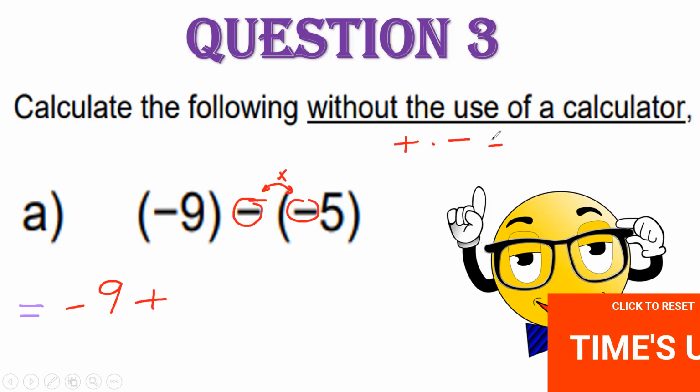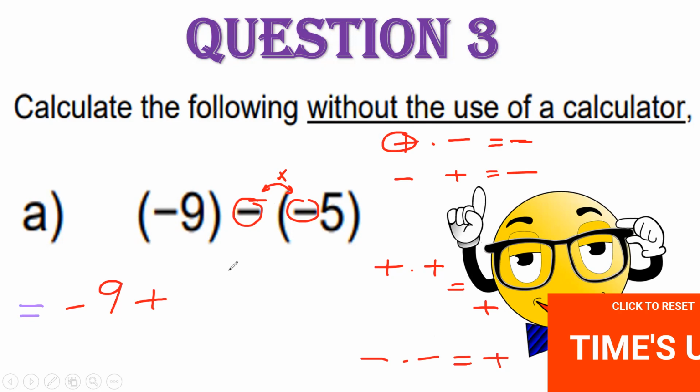Positive times negative making negative, negative and positive, the same thing, negative, and positive times positive making positive, negative and negative making positive. If you have two different signs, positive and negative, negative, positive, you are getting negative. But if you have the same sign, positive, positive, or negative, negative, making positive. Same, positive, different, negative.